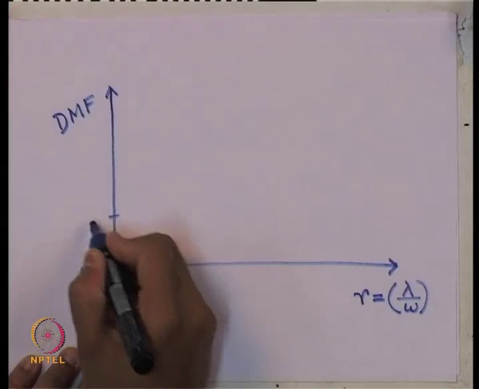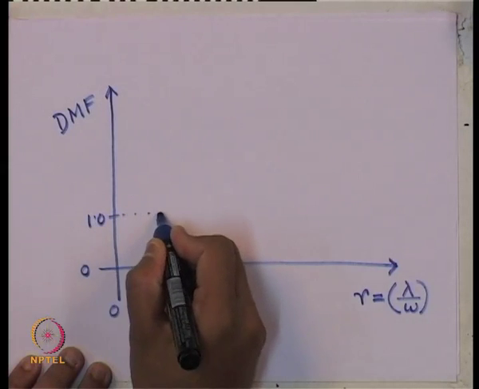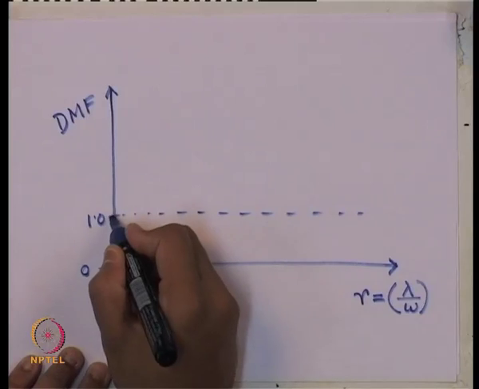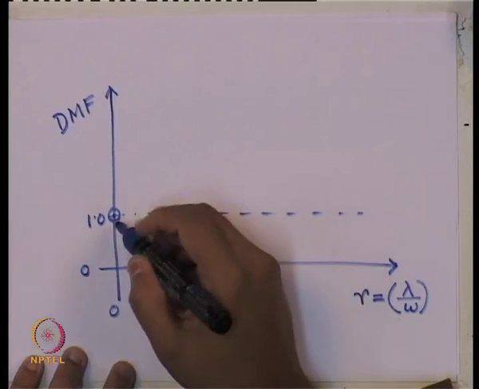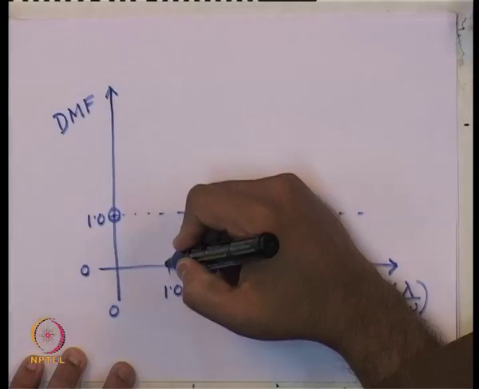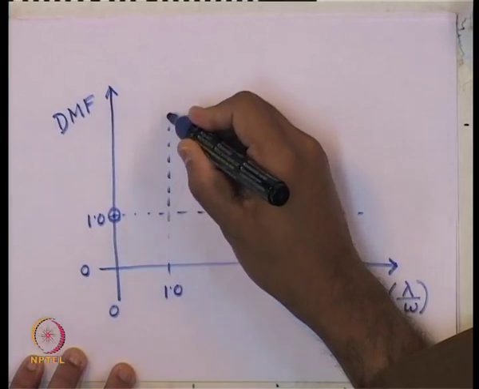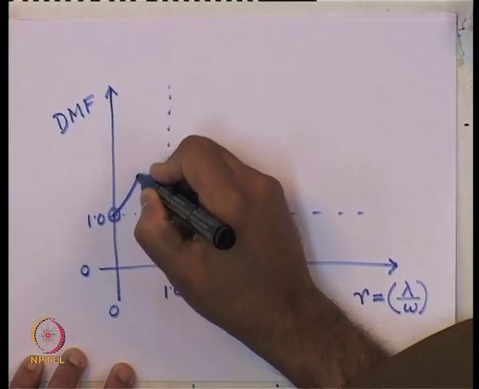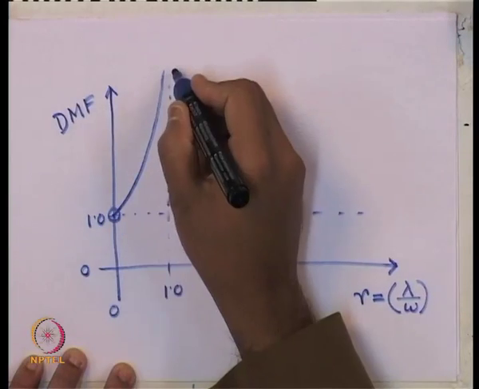We have seen that it always starts from dynamic magnification factor 1 and it goes to infinity.